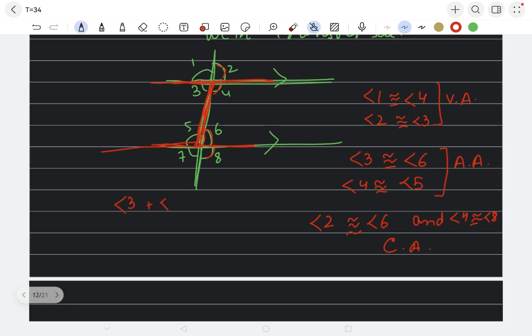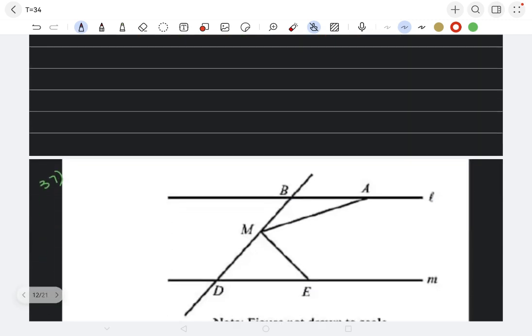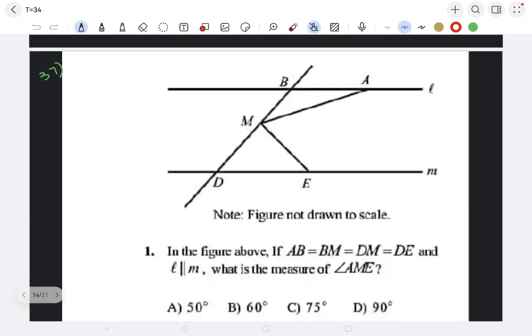Angle 3 plus 5 is equal to 180, and angle 4 plus angle 6 is again equal to 180. So you need to write: the sum of the interior angles on the same side is 180 degrees. Okay, now we are going to solve a few questions relevant to them.